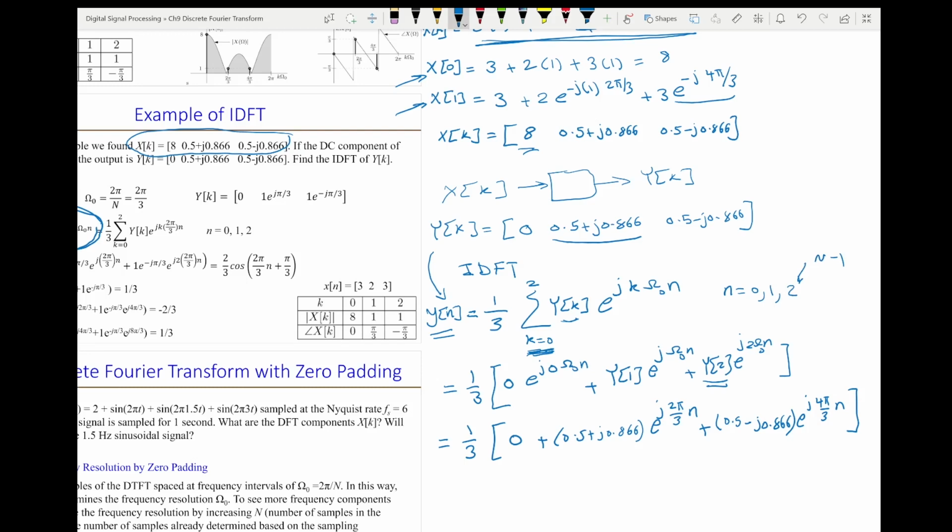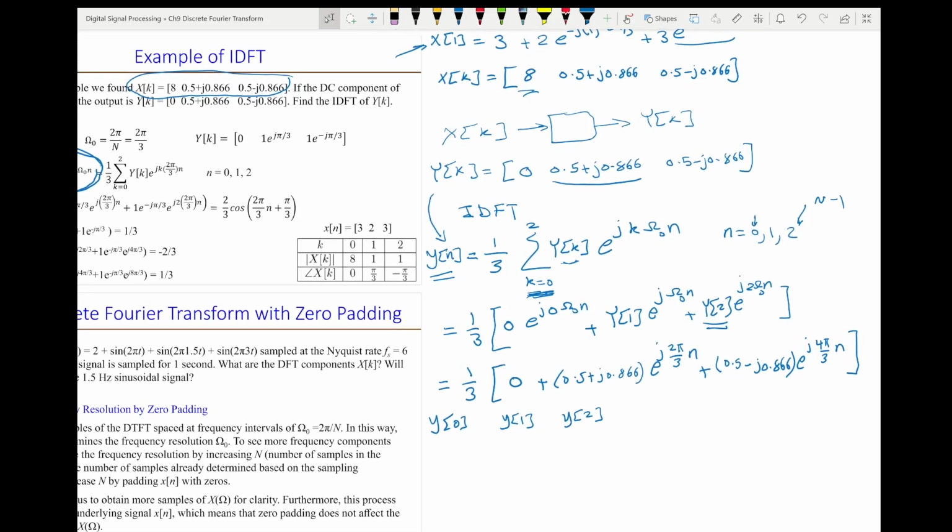Now, if I want to find y0, y1, and y2, so for y0, wherever you see n here, plug in 0. So that would be 1/3. And when you plug in n equals 0 here, that will be 1.